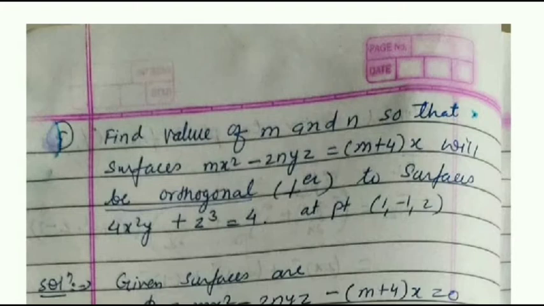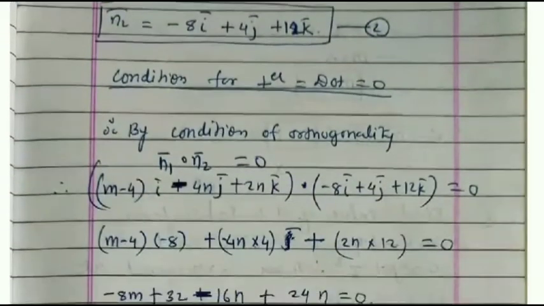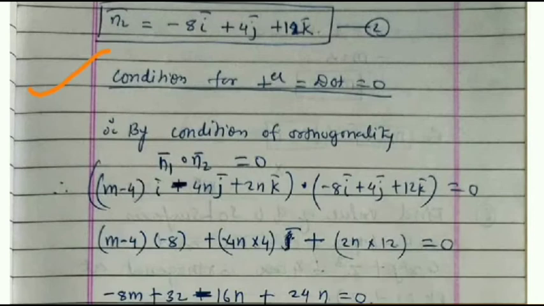That means the dot product of these two normal vectors should be 0, right. So the given condition is that the dot product of these two normal vectors is 0. That is the condition of orthogonality. So consider n1 bar dot n2 bar equals 0. Put the value of n1 bar and n2 bar, and take the dot product.